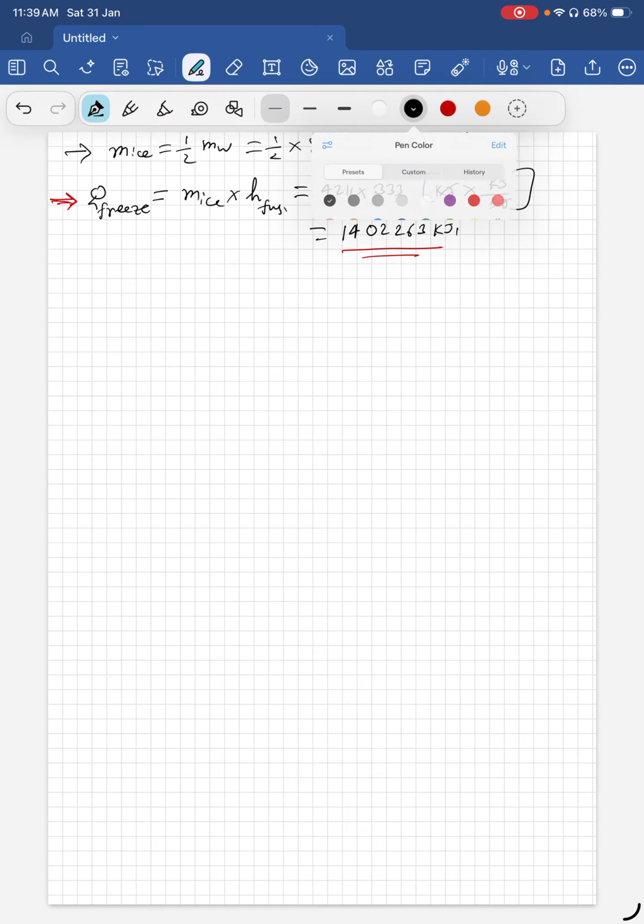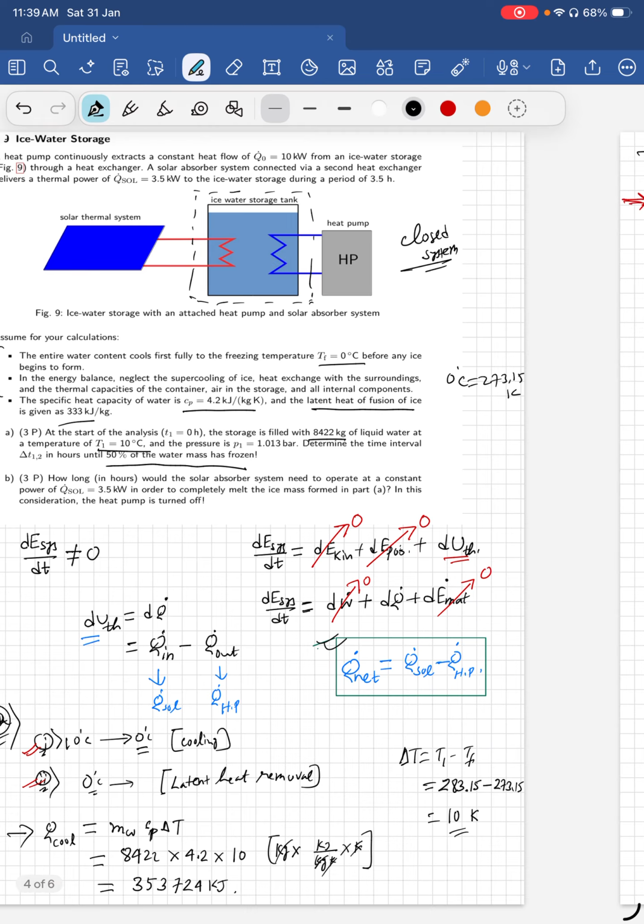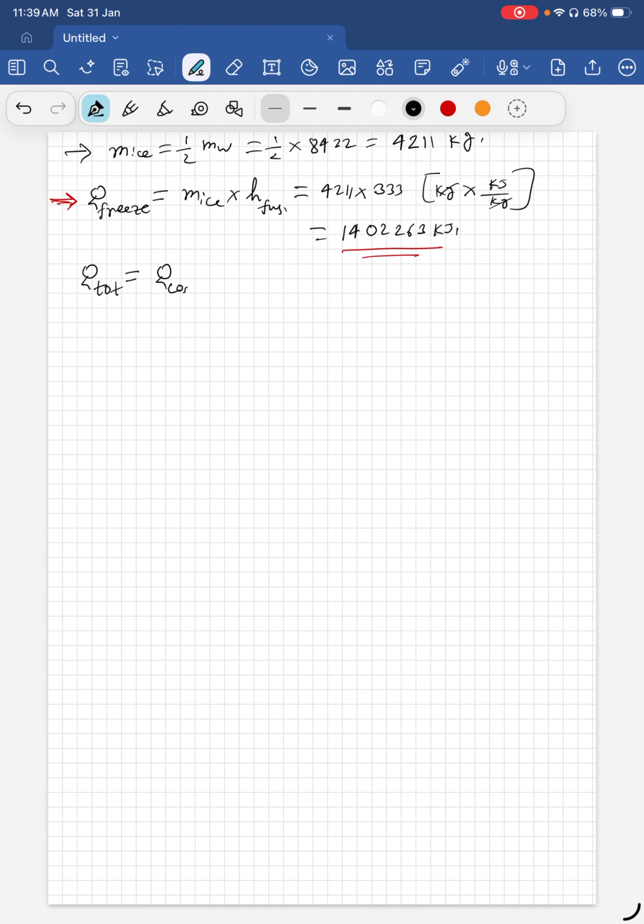Now, if you want to calculate the total energy, then we have to add both Q of the cooling and Q of freeze.